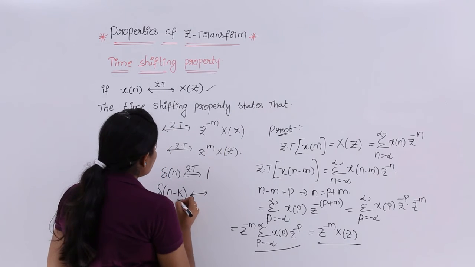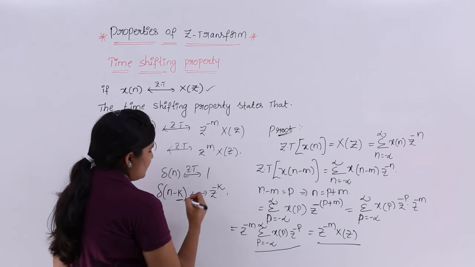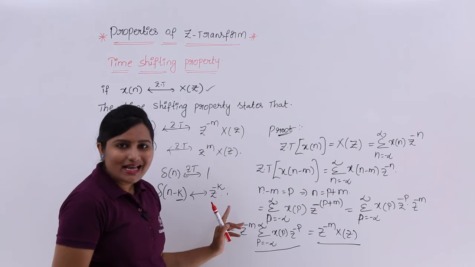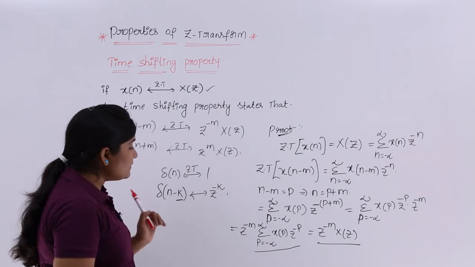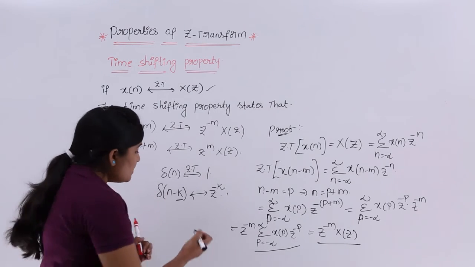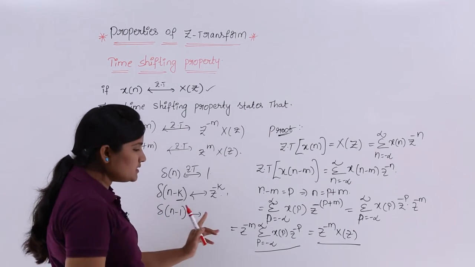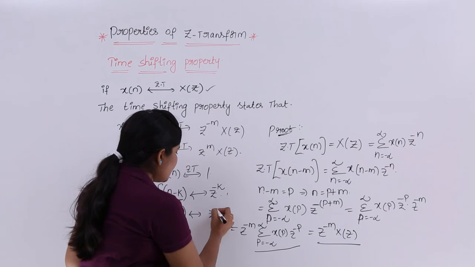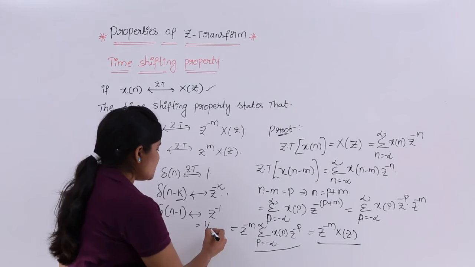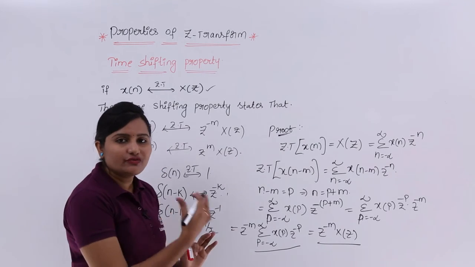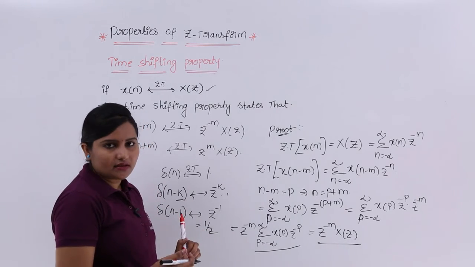Here in place of m I have k, so z power minus k, and the x of z value is 1. So delta of n minus k has Z transform z power minus k. For example, what is the Z transform of delta of n minus 1? It is z power minus 1, z inverse, which means 1 by z. This is the Z transform of the shifted impulse function.